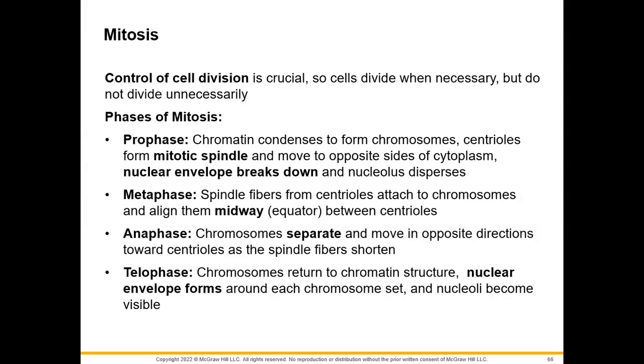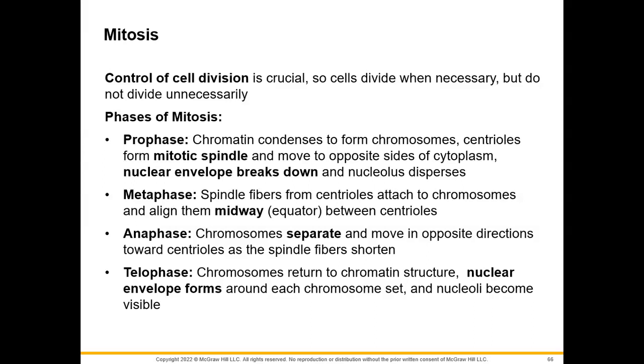During anaphase, the chromosomes are separated, and so the chromosome, which had 2 sister chromatids connected at the centromere, during anaphase, the centromere connected core is broken. That separates the sister chromatids, and as soon as they're separated, we call each of them its own chromosome.